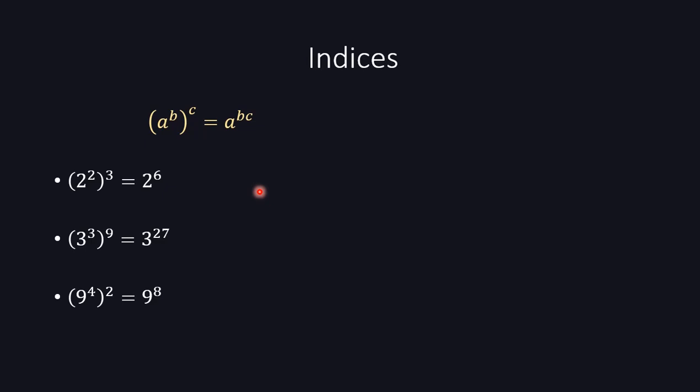Now, a few points to remember for this rule are that this number must have a power itself, and this number outside is the power of the entire bracket and not a part of it. It's not the power of b or the power of a, it's the power of a raised to the power b.